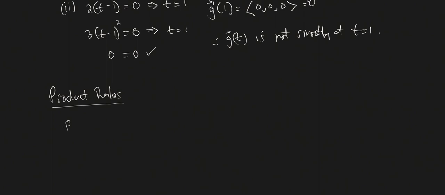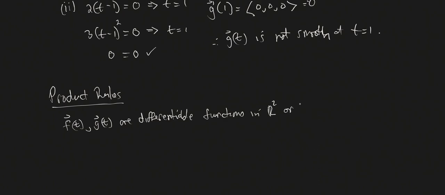So I'm going to define a couple things. So f of t and g of t, let's say these are differentiable. In other words, their derivative exists, right? So these are differentiable functions in R2 or R3.